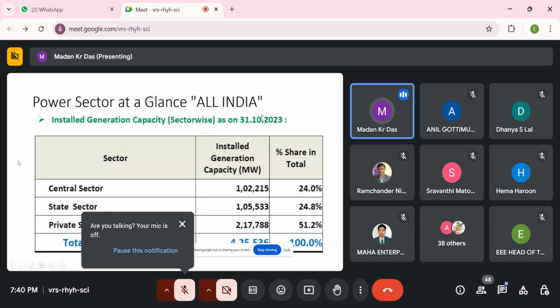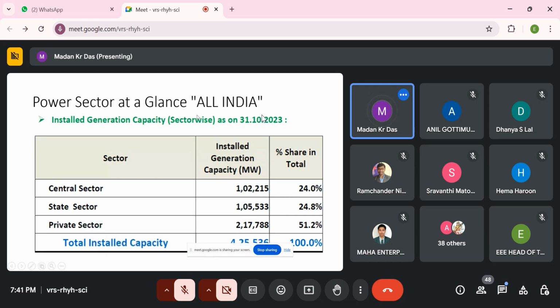Now we have discussed the power sector at a glance for all India. This is the installed generation capacity, sector-wise, with data for 31st October 2023.